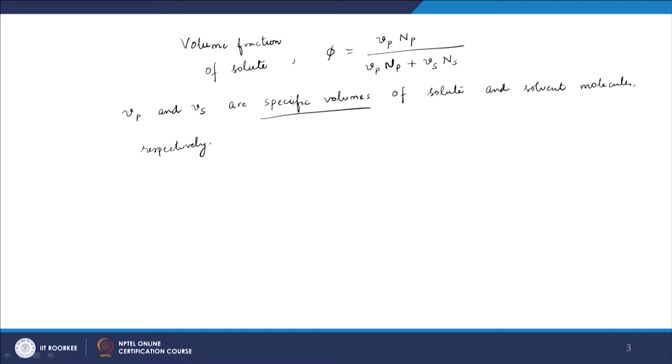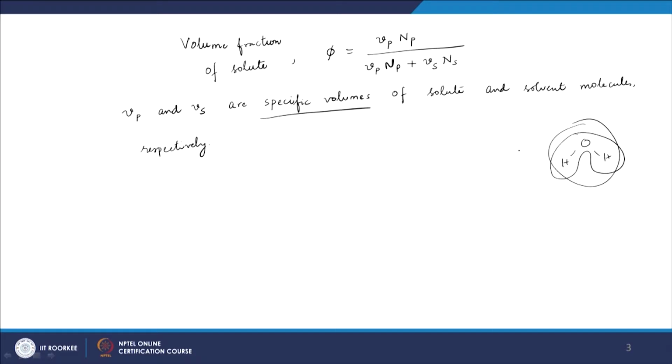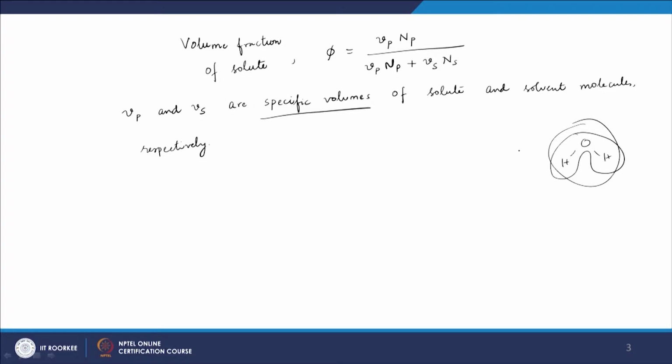So, keep in mind that we do not refer to the actual volume of molecules, because exactly what does volume mean anyway. So, let us say if we have water, how do we define its volume? Is it the volume of the electron cloud? Is it some sort of volume occupied by the molecule? It is a very arbitrary concept. So, the way we are defining a specific volume is the change in the volume if I add a molecule of water to a certain volume that is present already.